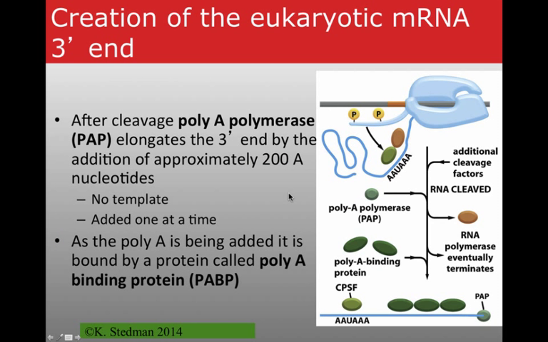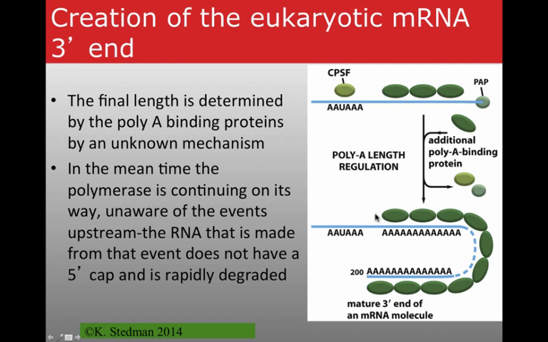So as soon as one of these sequences is made, you can get this binding, and then cleavage will take place. That RNA is chopped. The polyA polymerase comes down, binds to this, makes a whole stretch of A residues. Those get bound to by the incredibly creatively named polyA binding protein, and that will give you your final mature RNA.